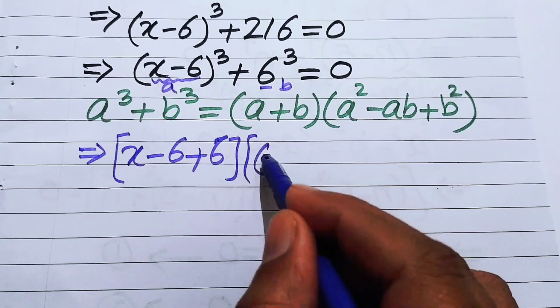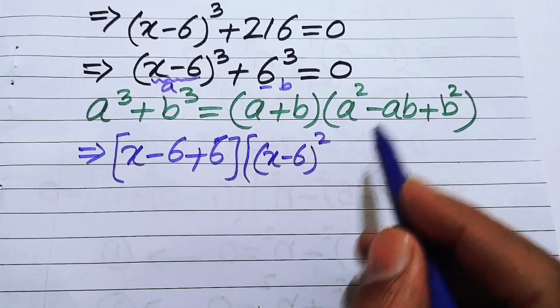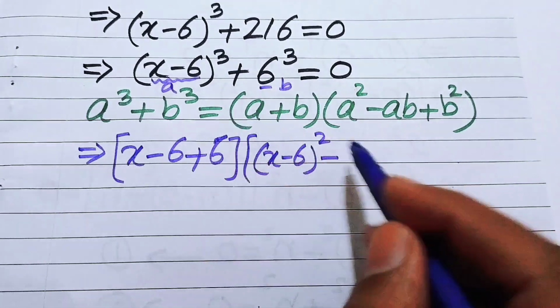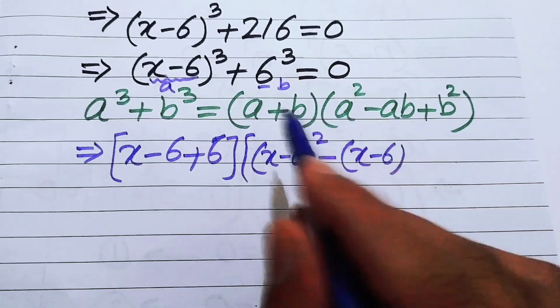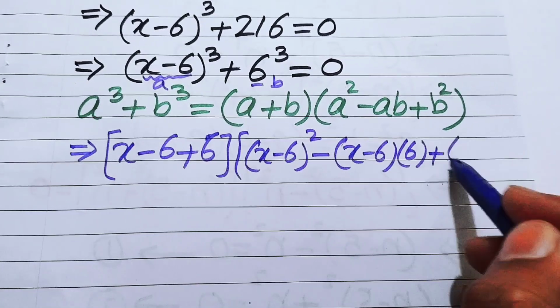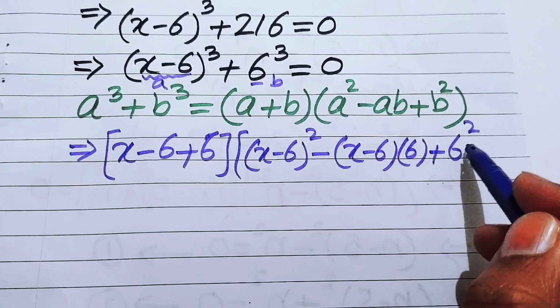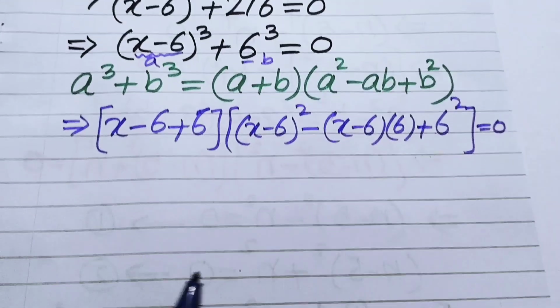Here our a is (x minus 6) squared, and minus ab. Again our a is x minus 6 and b is 6, and plus b squared. Our b is 6, so it becomes 6 squared, and this whole equals 0.